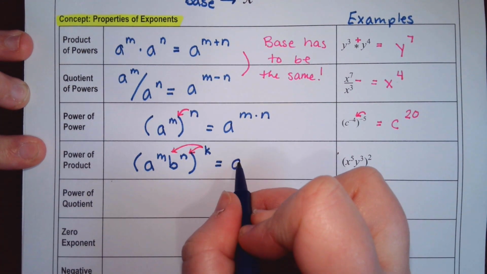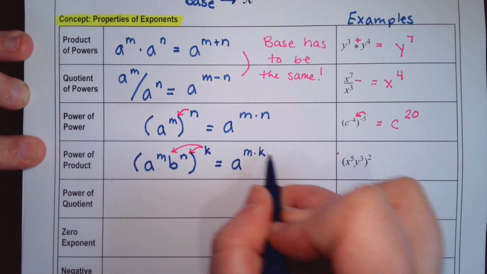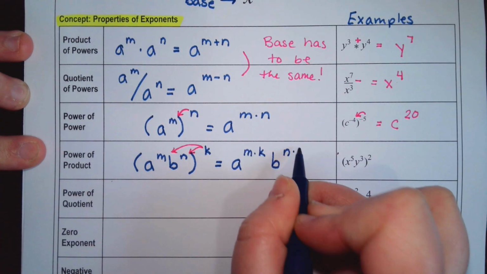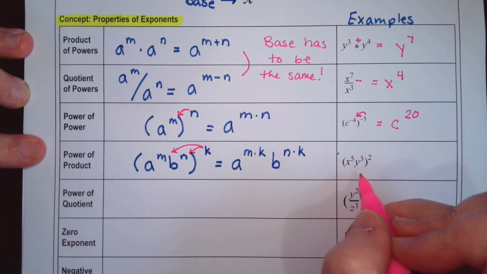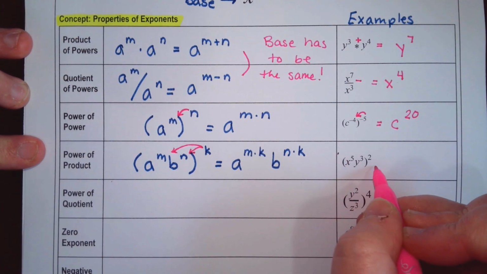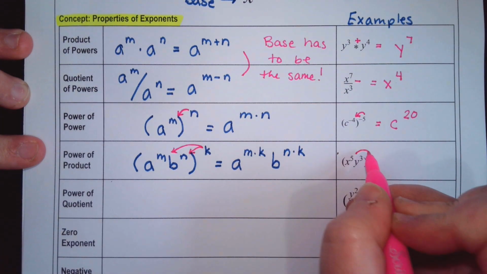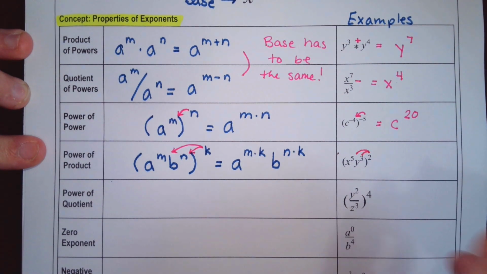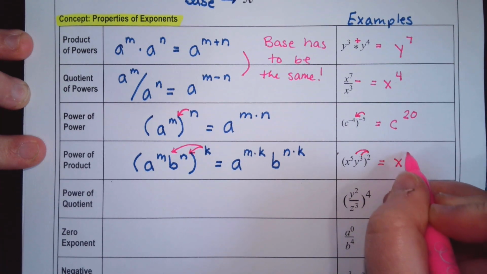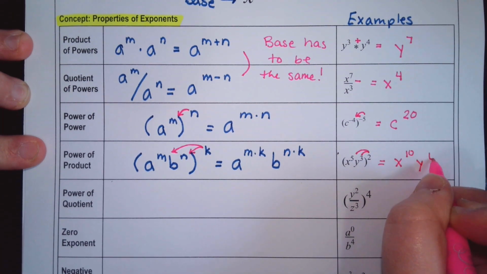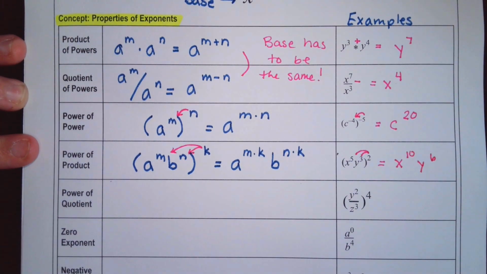So this is going to be a to the m times k, and then b to the n times k. So just think of it as distribution. So x to the 5th, y to the 3rd, squared, distribute that 2, and we multiply. So this is going to be x to the 10th, y to the 6th.